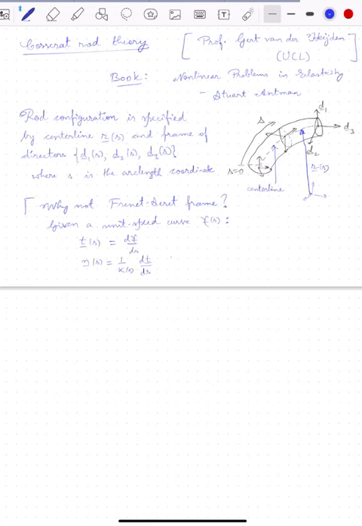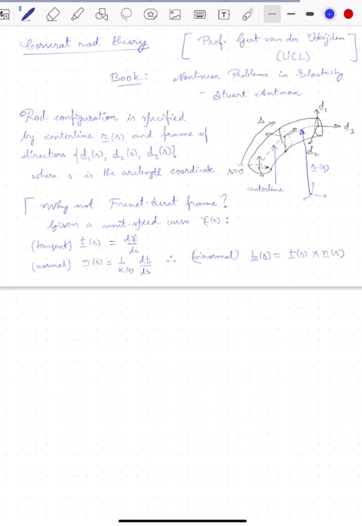And the third vector, the binormal, was equal to T of S cross N of S. Understand?